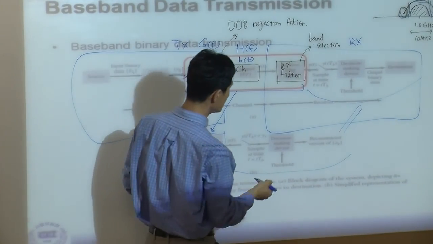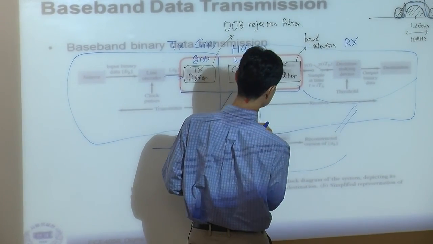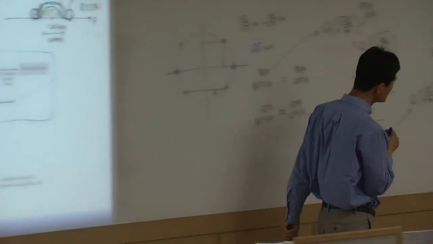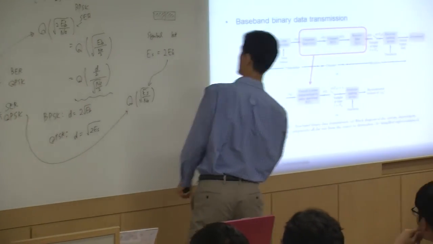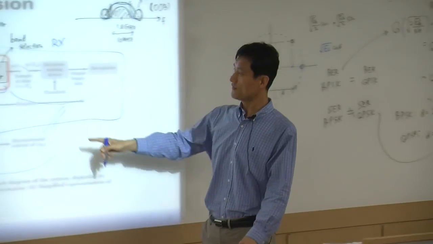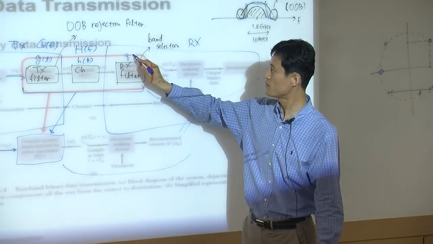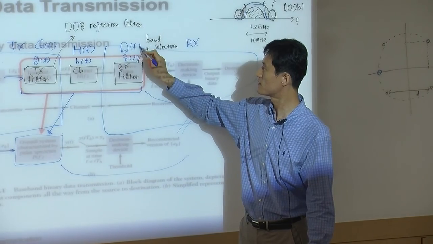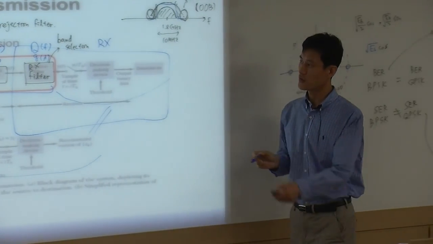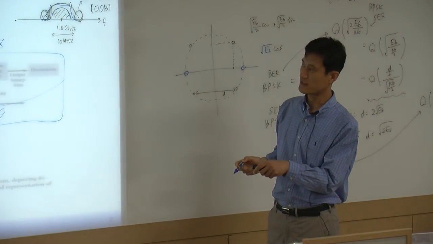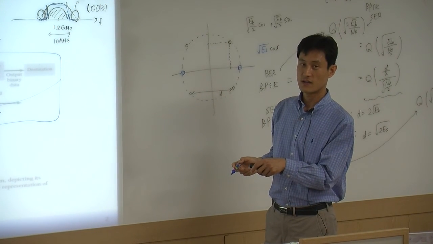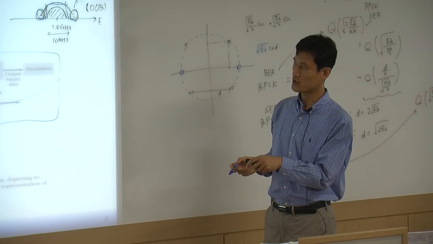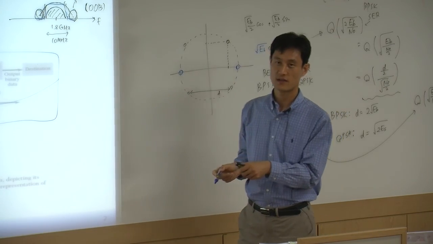Same way, the receive filter also has its own time response and frequency response. So we are going to say the transmit filter has GT, the channel impulse response is HT, and the receive filter response is QT.